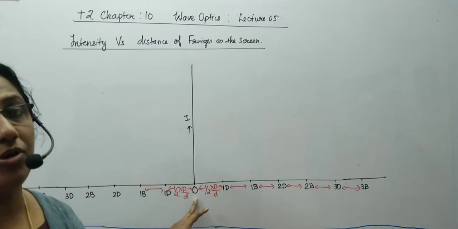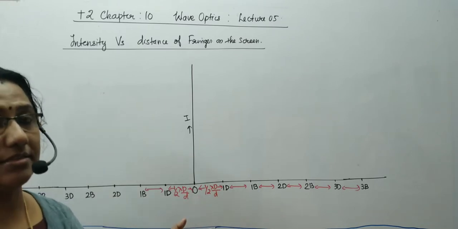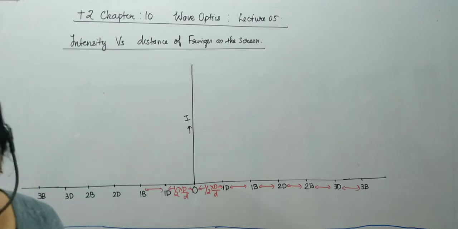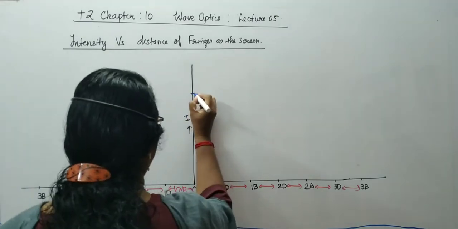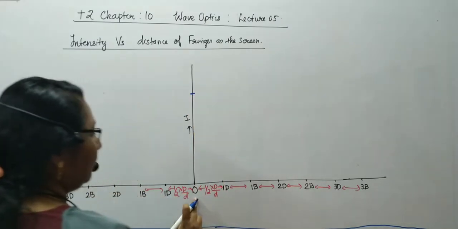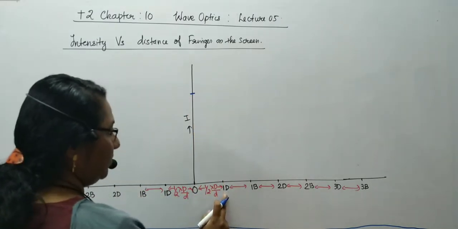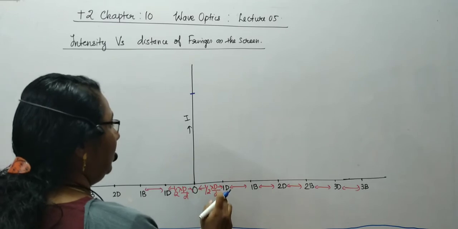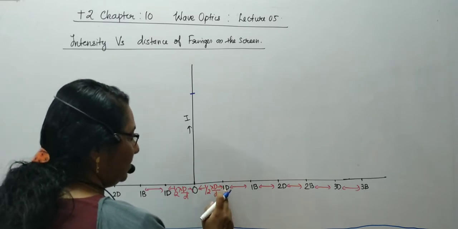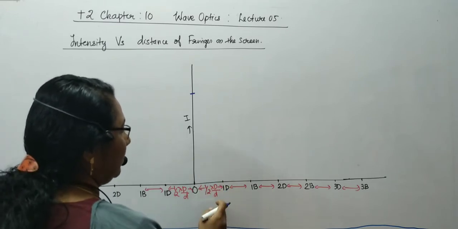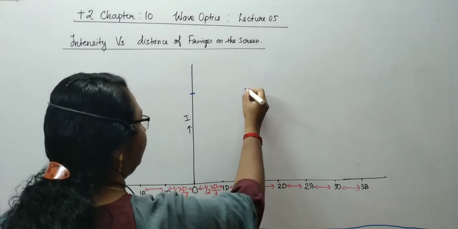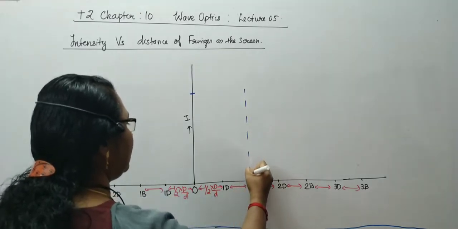So what about the central position? The path difference is 0, so we get a maxima here. From 0 to the first minima, it is maxima. But at the first minima, first darkness, there is no intensity. First bright, maximum intensity.